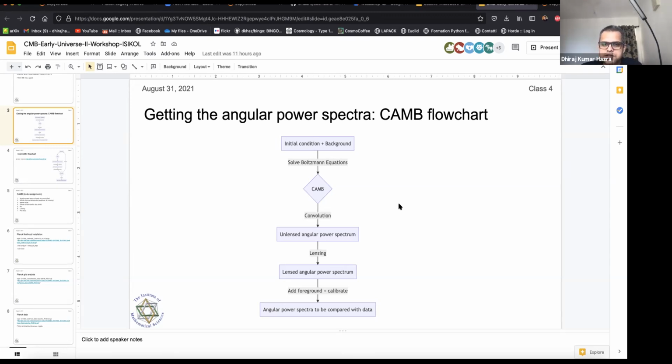The transfer function is obtained with the solution of the Boltzmann equations for all the particles. So for photons, you can get that. Then you get the alms, and the square of that gives you the Cls.